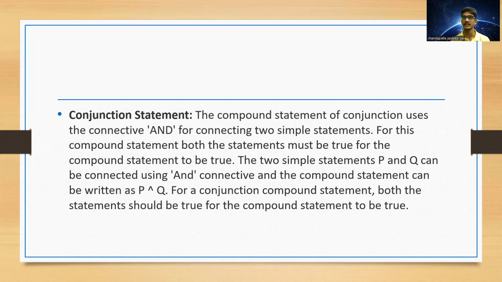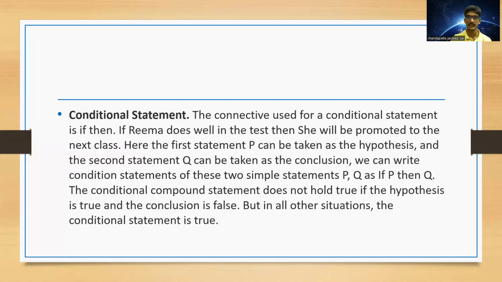If we are given P as one statement and Q as another statement, then the conjunction statement is denoted as P and Q. For the conjunction statement, both the statements are to be true, then the output of the conjunction statement will be true, or else it will be false. So this is about the conjunction statement.